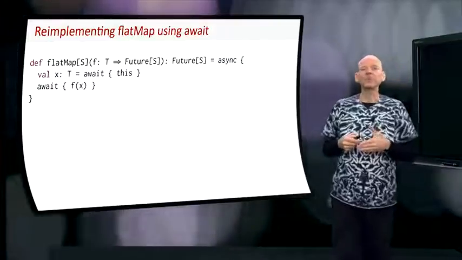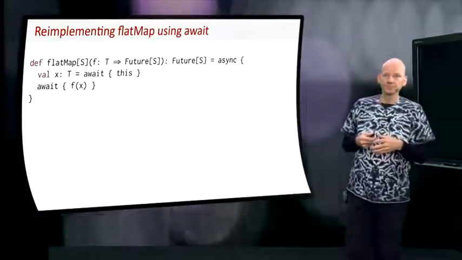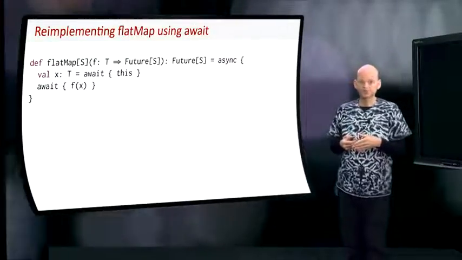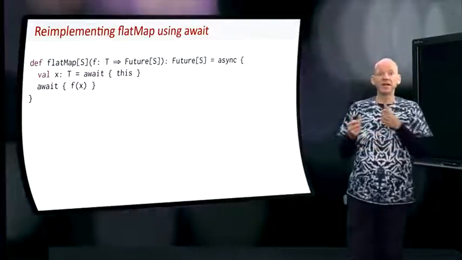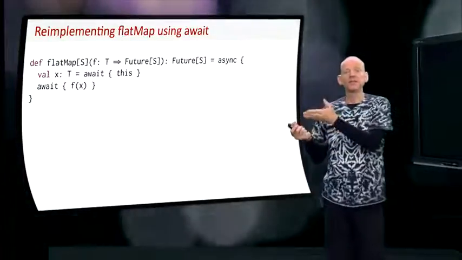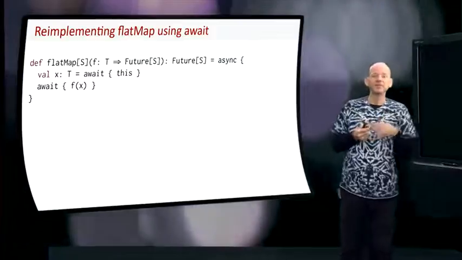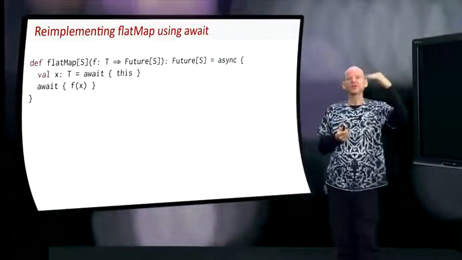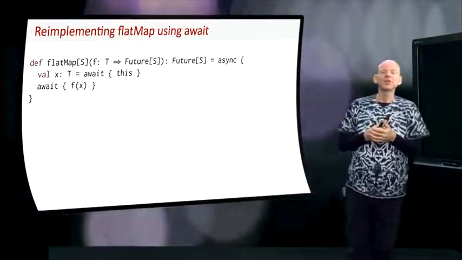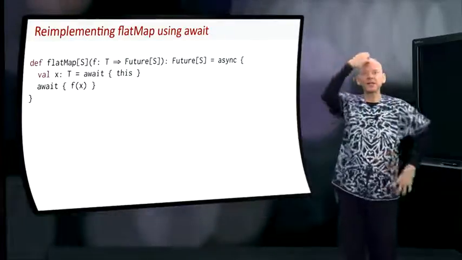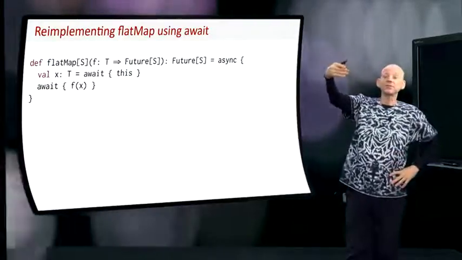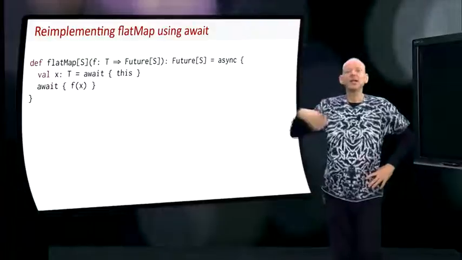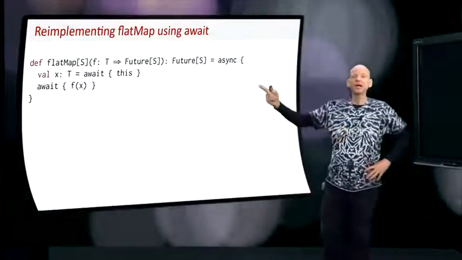A flatMap, it's even nicer. So a flatMap takes a function that, given a T, returns a Future. This is the instance method, so the this is Future of T. So how can I call that function? Well, to do that, I first have to take a Future of T and turn it into a T. Ha!